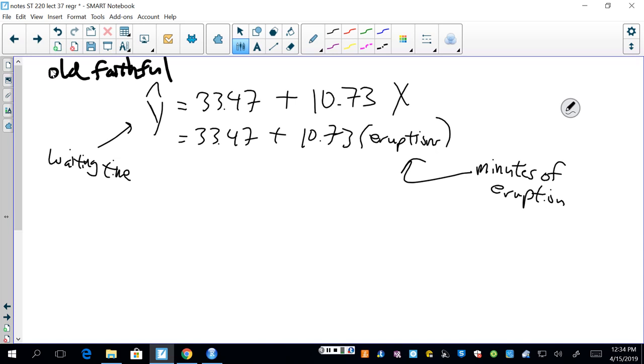And so as the eruption value gets bigger, as it goes for a long time, you have to wait a little bit longer.